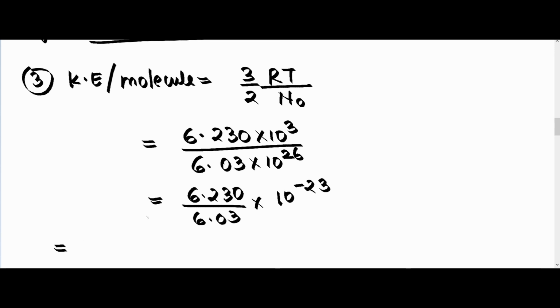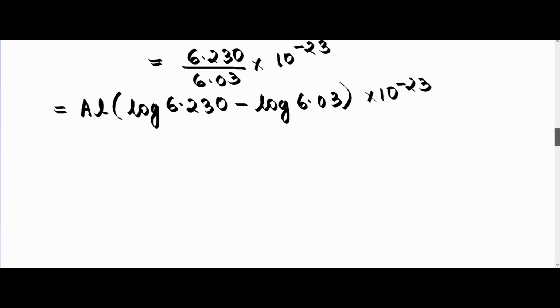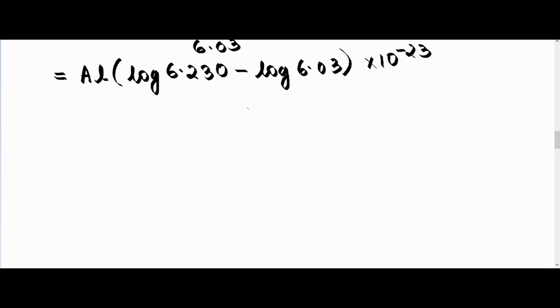Take log of these two numbers. So antilog of log 6.230 minus log of 6.03 into 10 raised to minus 23. Now let us solve this term. This is kinetic energy per molecule.